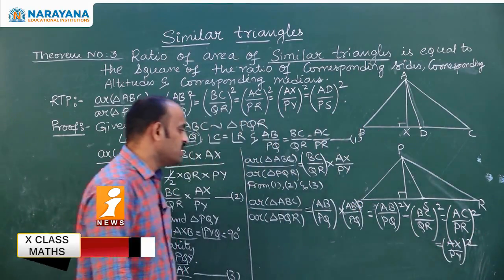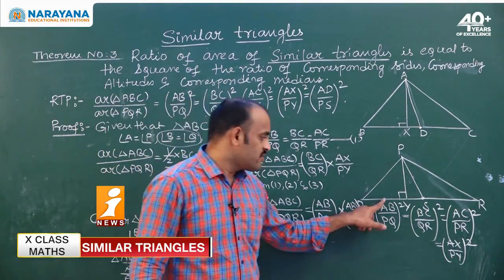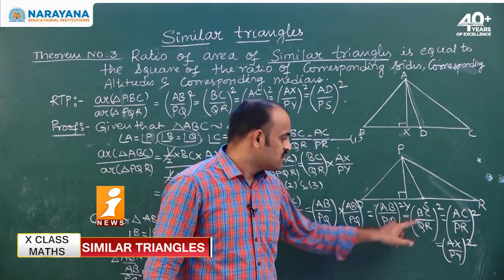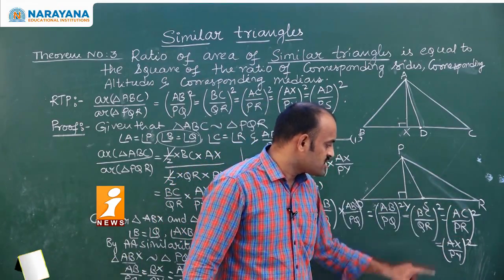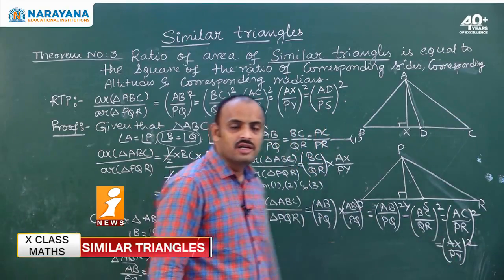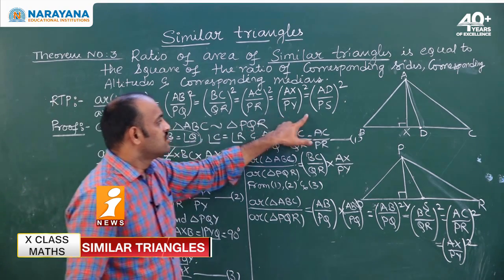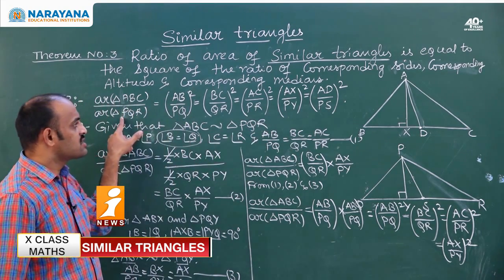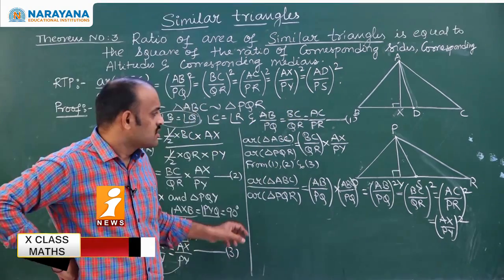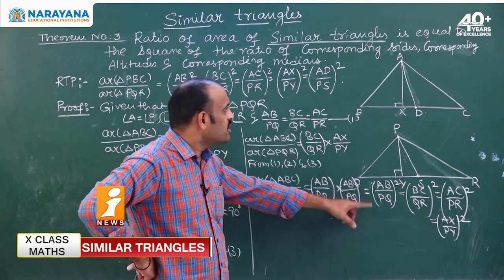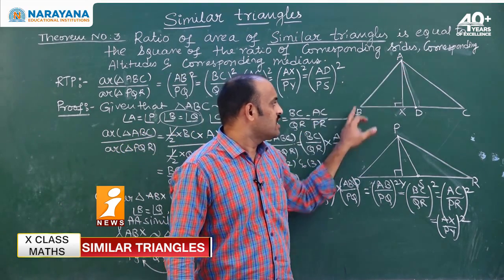So, we have proved that the ratio of the area of similar triangles is equal to the square of the ratio of the corresponding sides and the square of the ratio of the corresponding altitudes. Now, we need to prove it for the corresponding medians also. The same way, we can prove it for the square of the ratio of the corresponding medians by considering triangle ABD and triangle PQS.